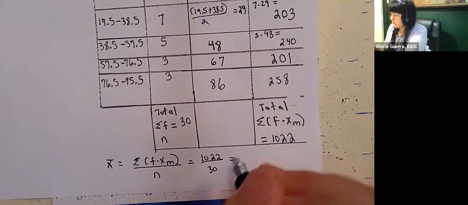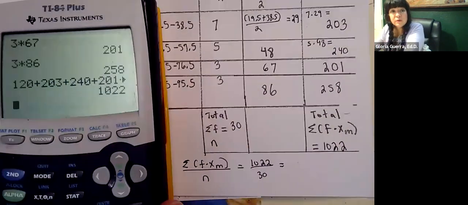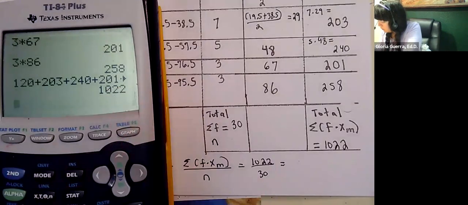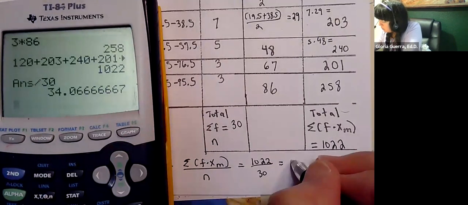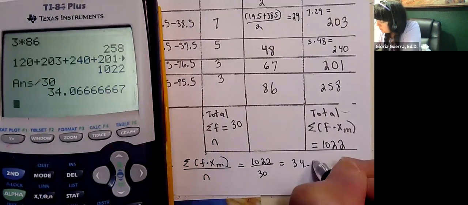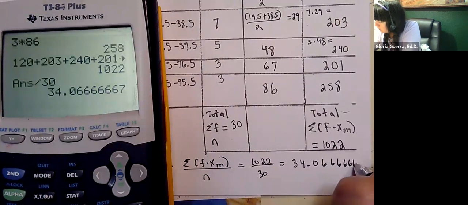And then let's see what that gives me. So I already have this here. So just do divided by 30. And it gives me 34.0 and a lot of sixes, and then finally a 7.